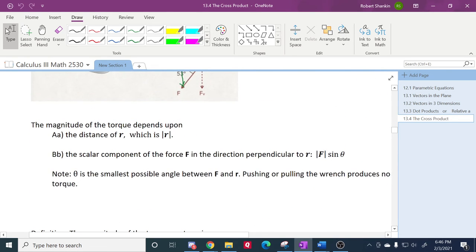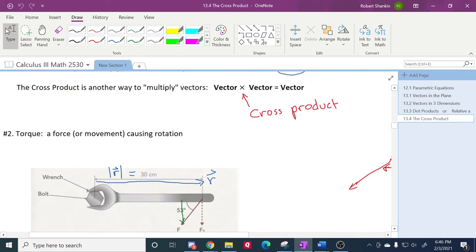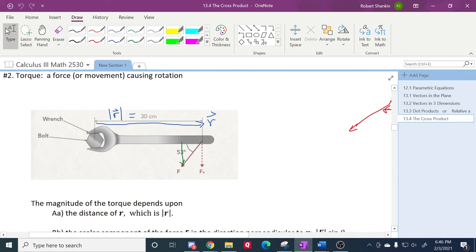We're going to be calling this a cross product in a minute. And we're going to be cross producting, like if we did R cross product F. If we put R first in the cross product, then we would start with our hand at R and curl our fingers towards F, and then the direction that your thumb is pointing is the direction that the bolt would move.